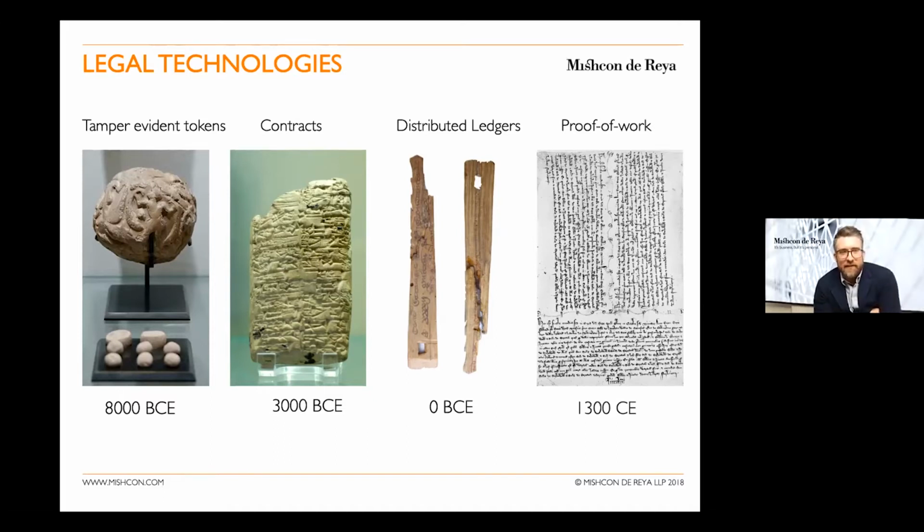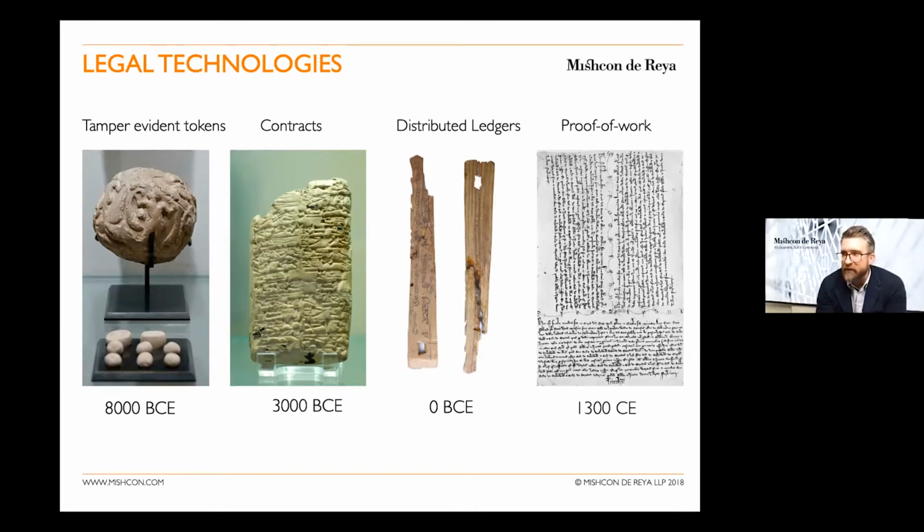On the left-hand side, you've got something called the bulla, which came about in the agricultural revolution for setting agreements between counterparties. The tamper-evident token was a fired clay ball with the marks of the counterparties on it.